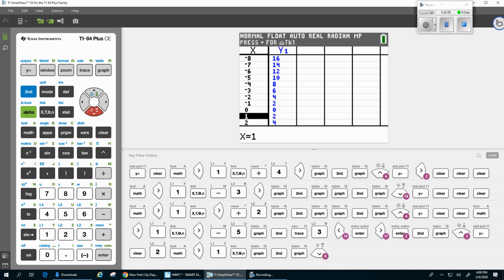Here's my vertex 0, 0. And then I have numbers above and below that are greater than 0. So this is, again, a minimum vertex. So let's record our table on our paper.